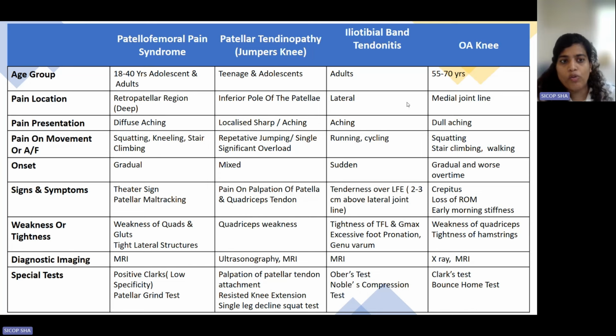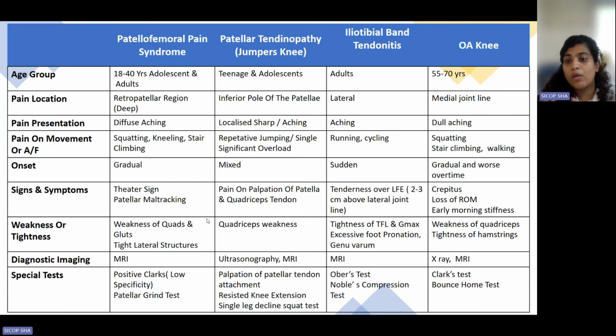The patient complains of retropatellar deep pain, which is a diffuse aching, and it increases while squatting, kneeling, climbing the stairs up, right? And if you ask, the patient always says it has been slowly increasing, so the onset is gradual.